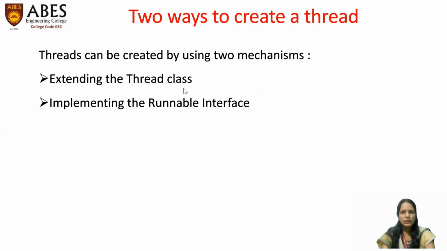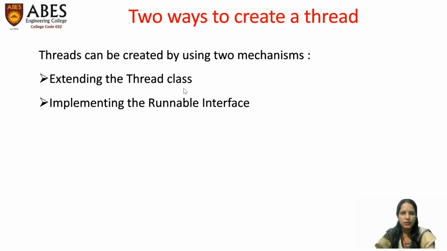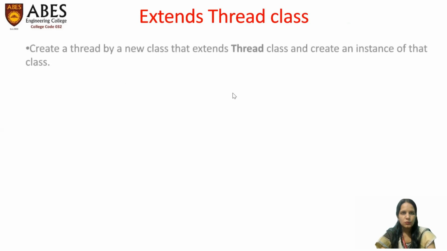Now, how can we execute multi-threading in Java? There are two ways. The first is by extending the Thread class, and the second is by implementing the Runnable interface, which we will discuss in the next slides one by one. Let's first move to the first topic, extending the Thread class.